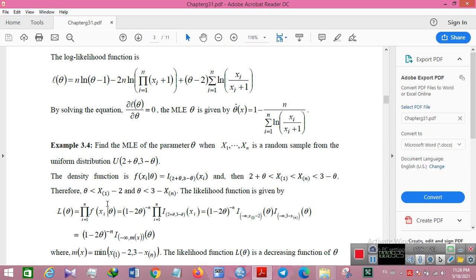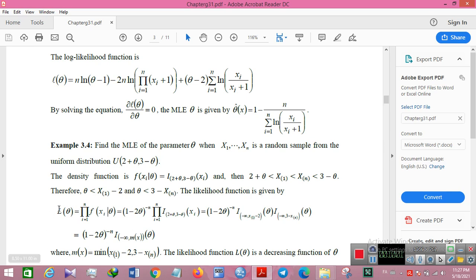So the density function is given by that form, where 2 plus theta is less than the first order statistic and the nth order statistic is less than 3 minus theta. If we solve these inequalities, we get two inequalities: theta less than x1 minus 2, and theta less than 3 minus xn.